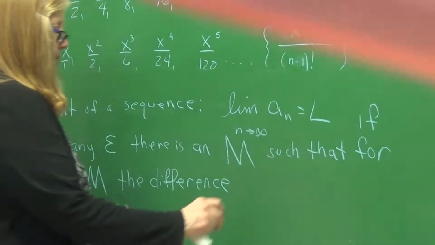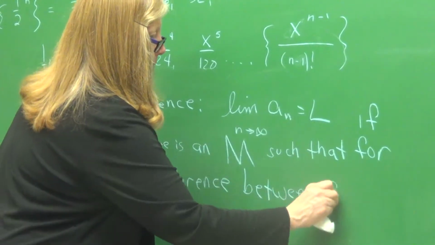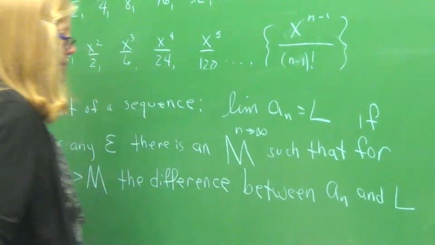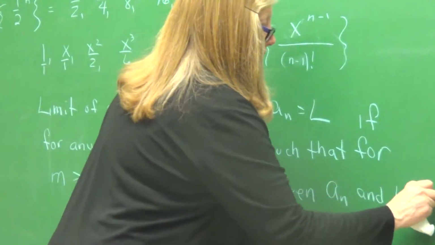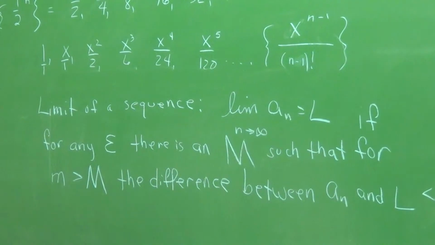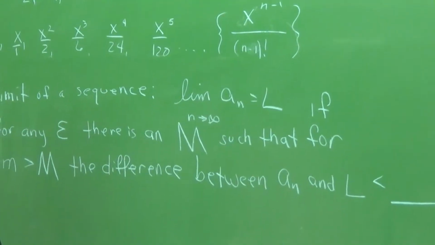The difference between a sub n and L is less than blank. All right, just finish writing it down and see if you can fill in the blank for the rigorous definition of a limit.